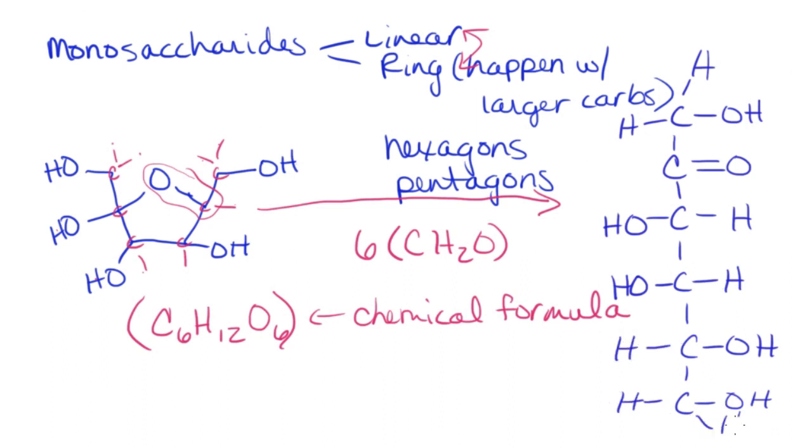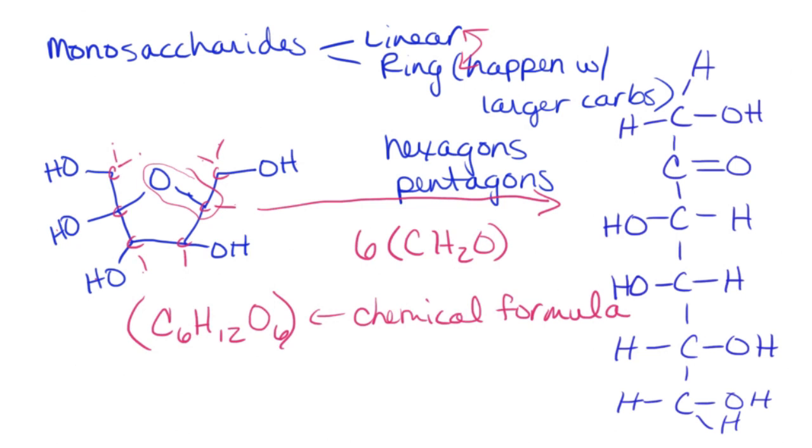So if you're trying to identify whether molecules represent monosaccharides, again, the keys that you want to look for are just the presence of the three elements that we've talked about: carbon, hydrogen, and oxygen. We want to have a small number of carbons, somewhere between 3 and 7.